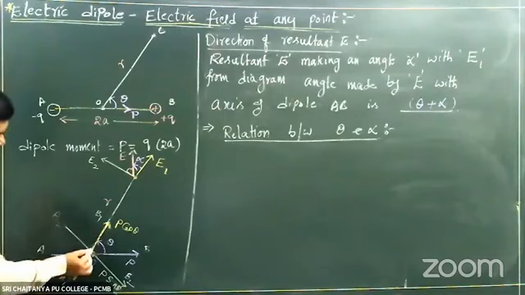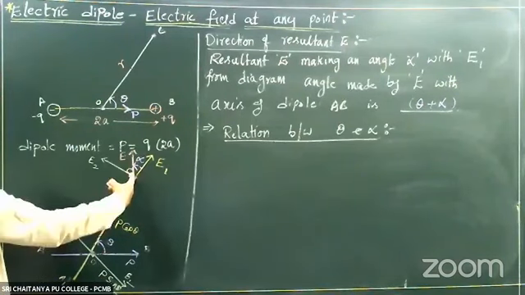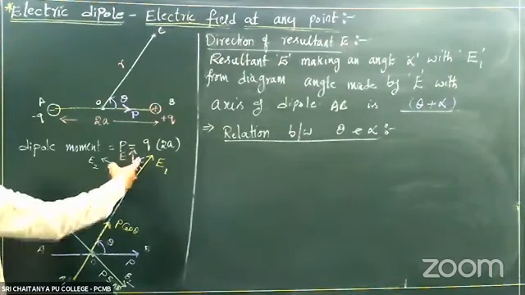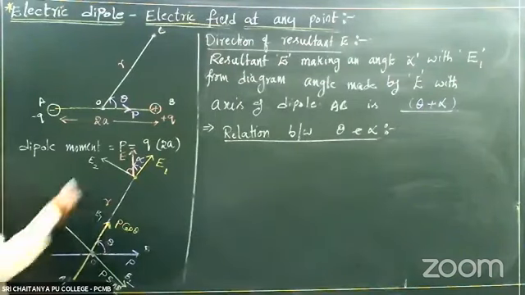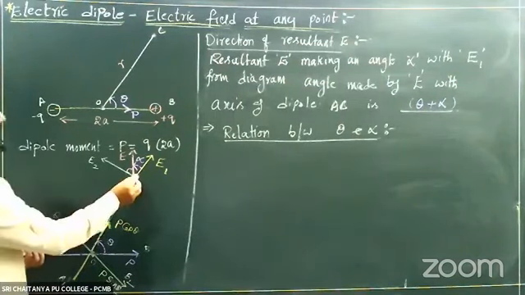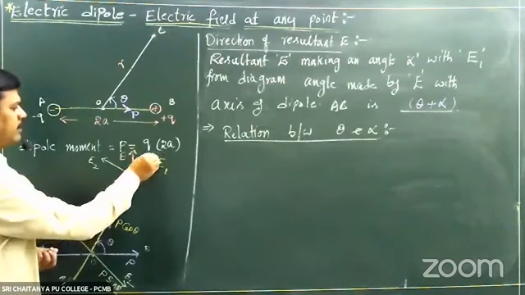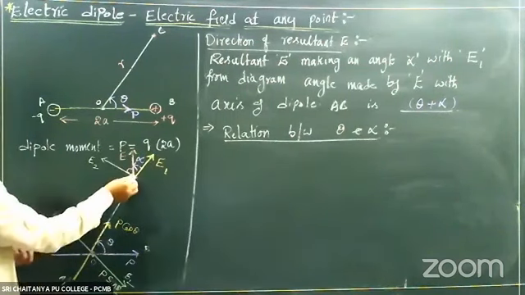What is theta? Angle made by this line with axis. What is alpha? Angle made by resultant with this line. This alpha and this theta. What is the relation? See, observe here. This is E1. This is E2.